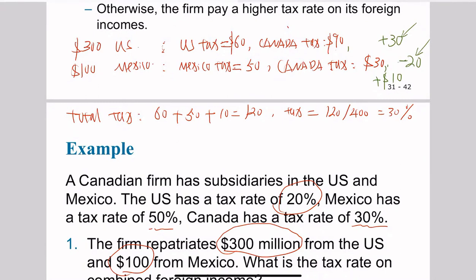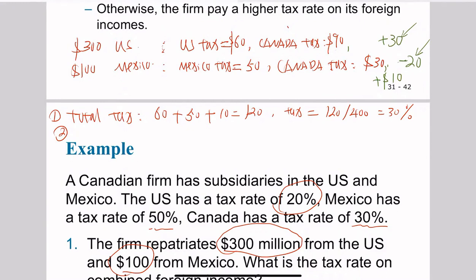You can consider this as method one. We can have a simpler method. In the first method, we calculated tax credits for different countries, pooled them together, and then calculated the final net tax liability to Canada.